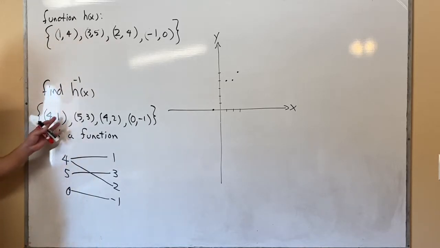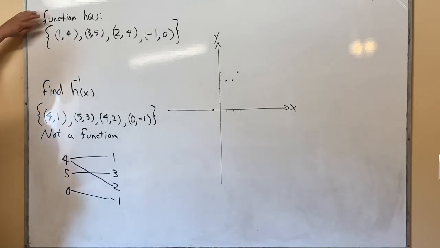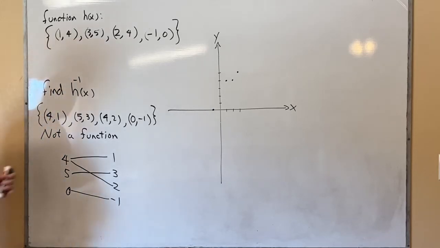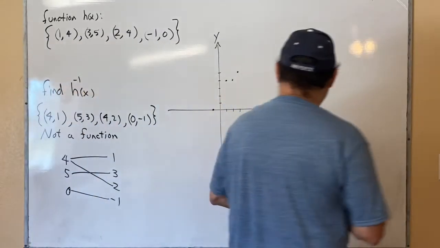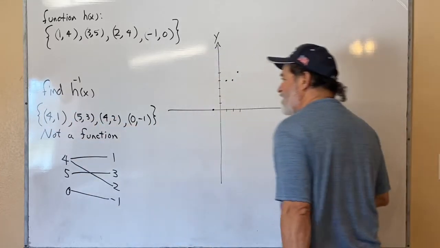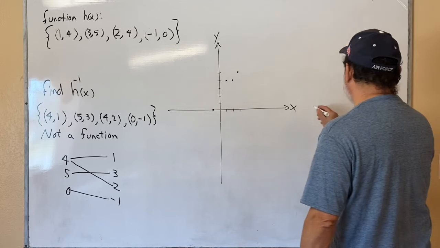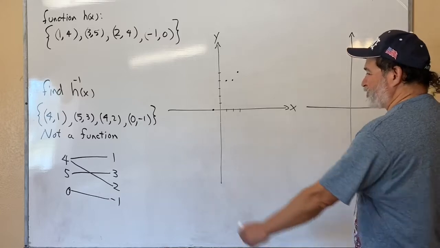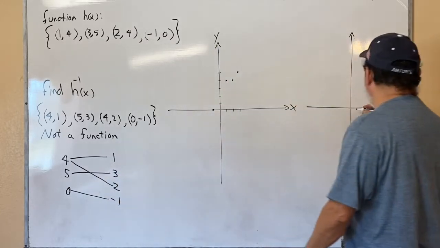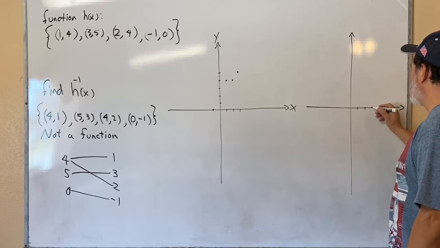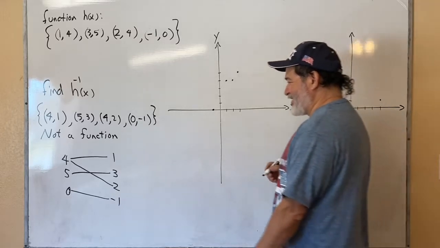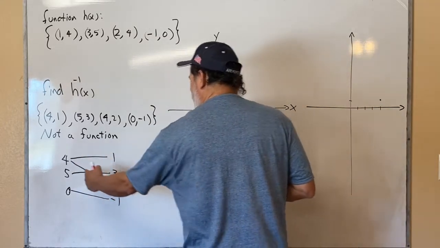This one, and watch, let's graph it. You see that it fails the vertical line test. When you try to find the inverse of this, it's not a function. Okay? Let me graph this collection of ordered pairs. 4 paired with 1, right there. 5 paired with 3.